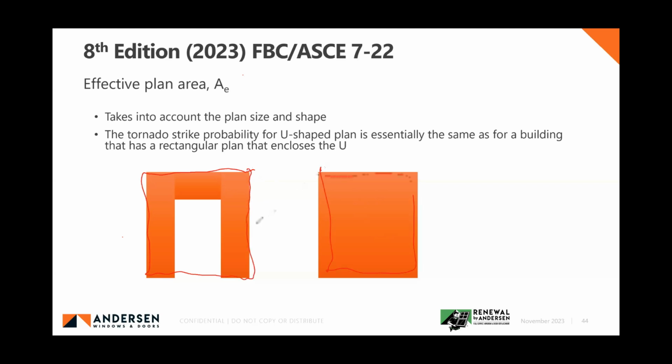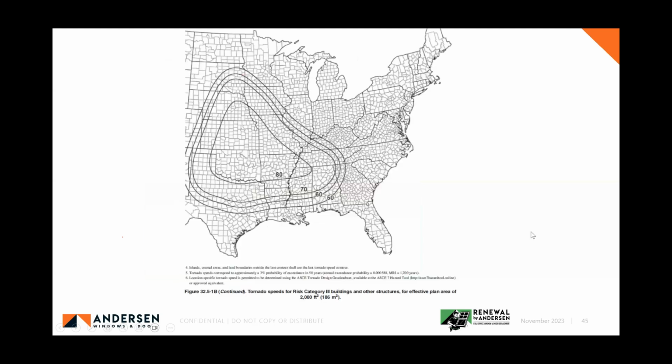So these two have the same effective plan area, and for all practical purposes, if they're located next to each other, have the same tornado speed.